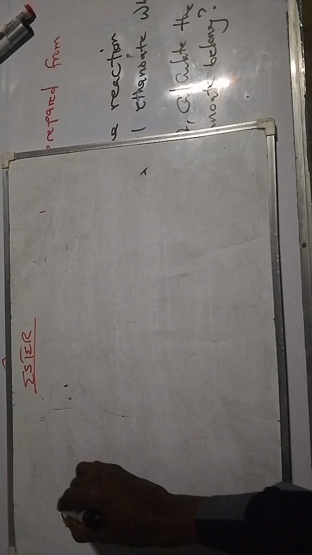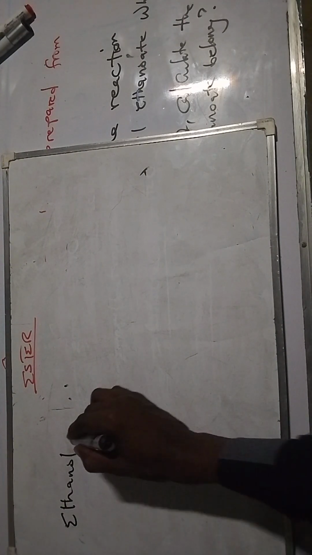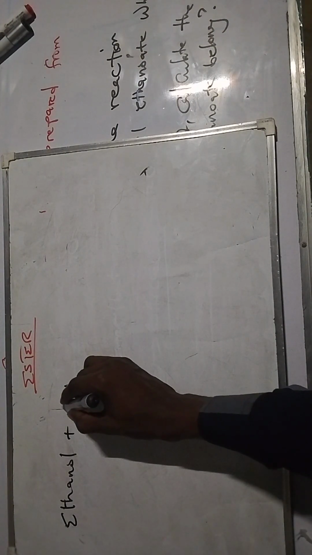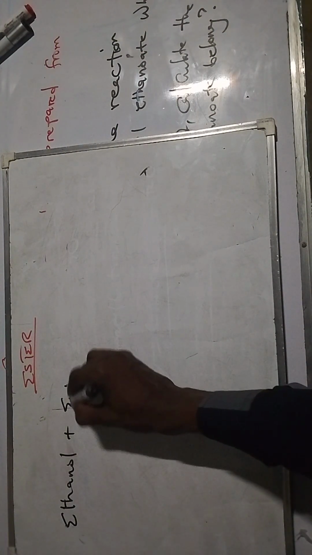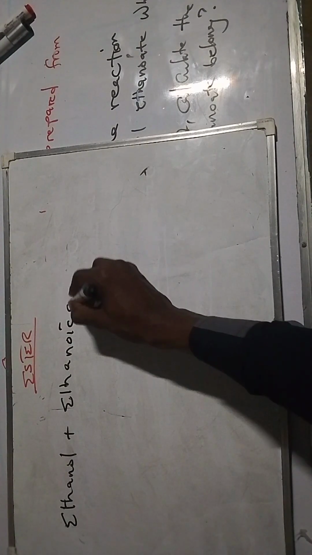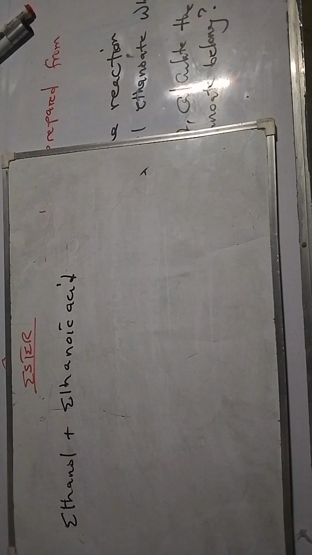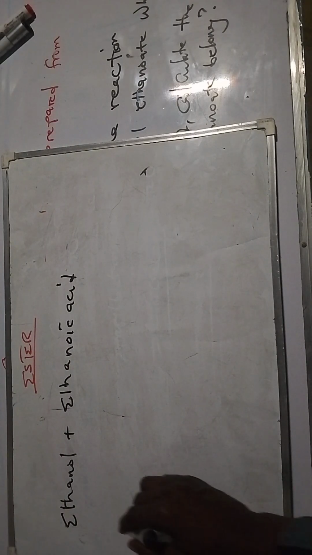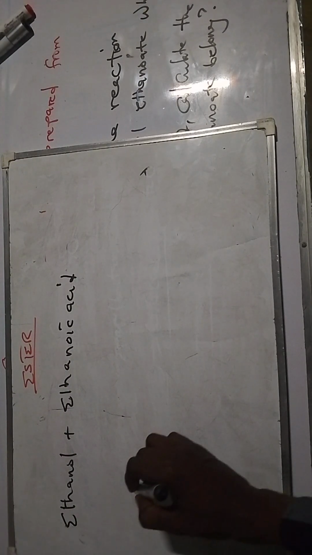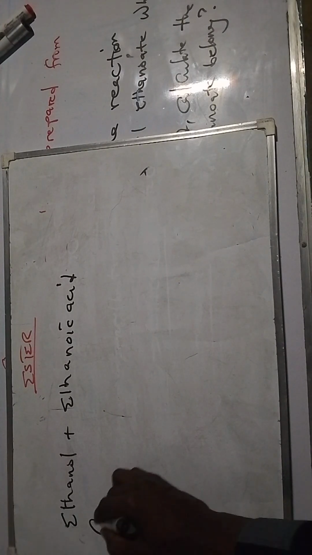So we have ethanol reacting with ethanoic acid. These are the two things which we have. Ethanol is a very important alcohol.